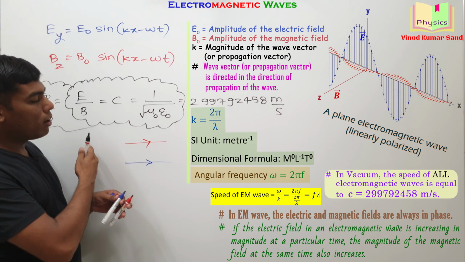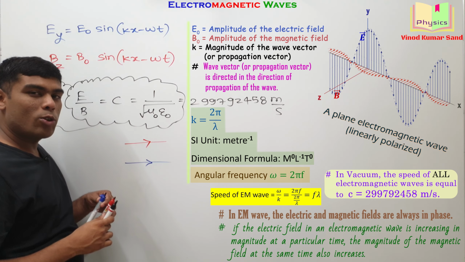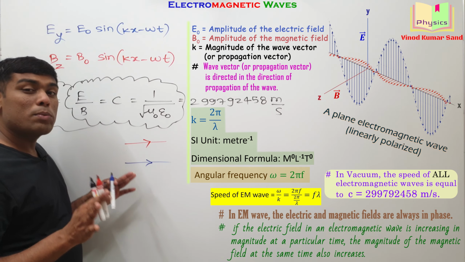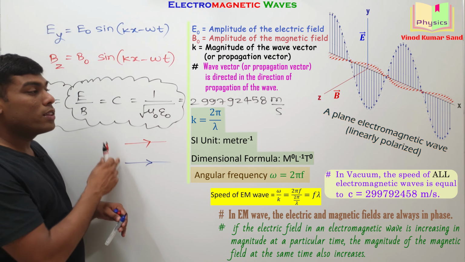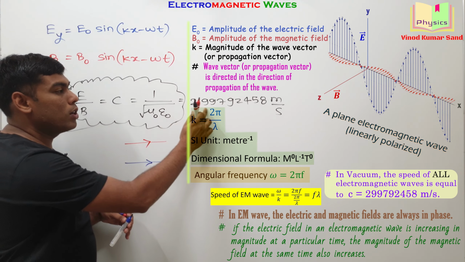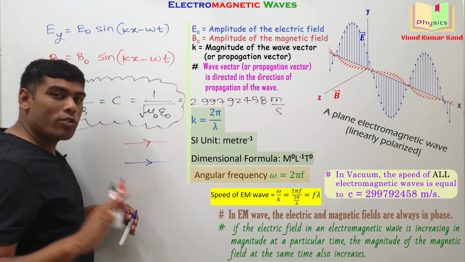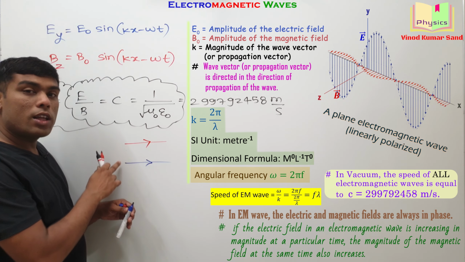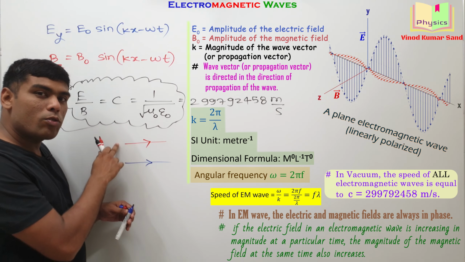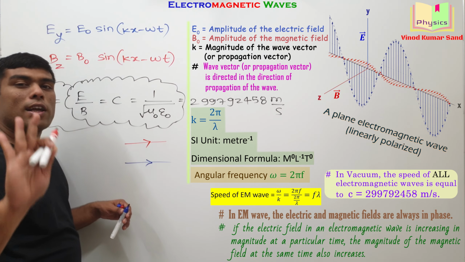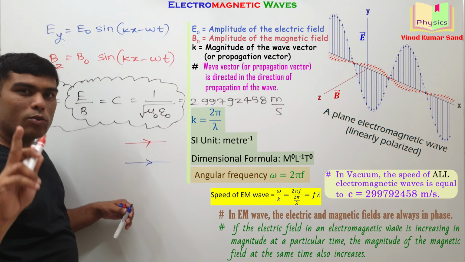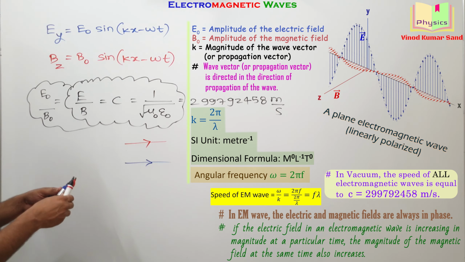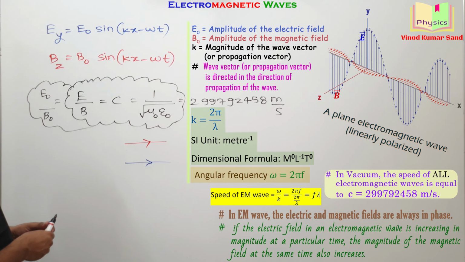Now, these two light rays are traveling in vacuum. Which will travel faster? Your answer should be both will be traveling with the same speed, 299,792,458 meters per second. Irrespective of their frequencies, irrespective of their wavelengths, all electromagnetic waves will travel with the same speed in vacuum.